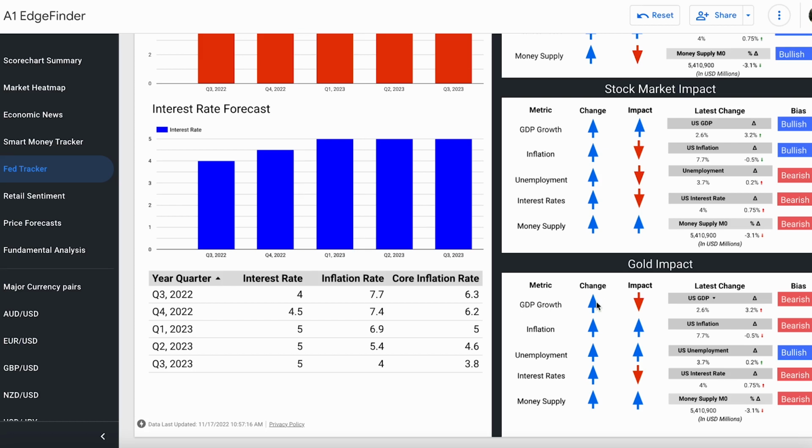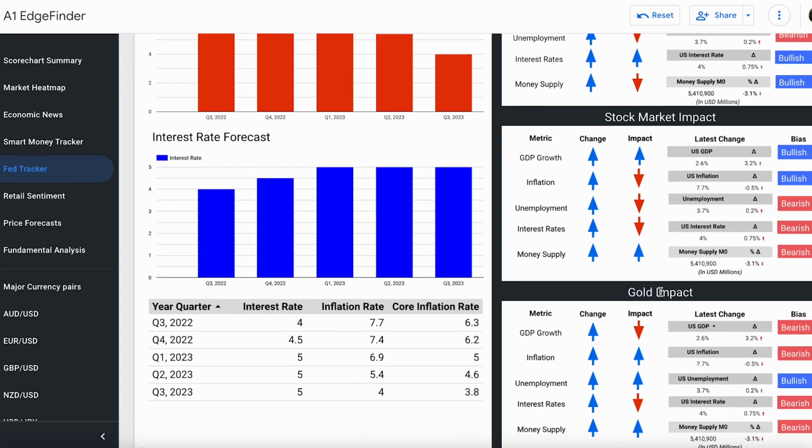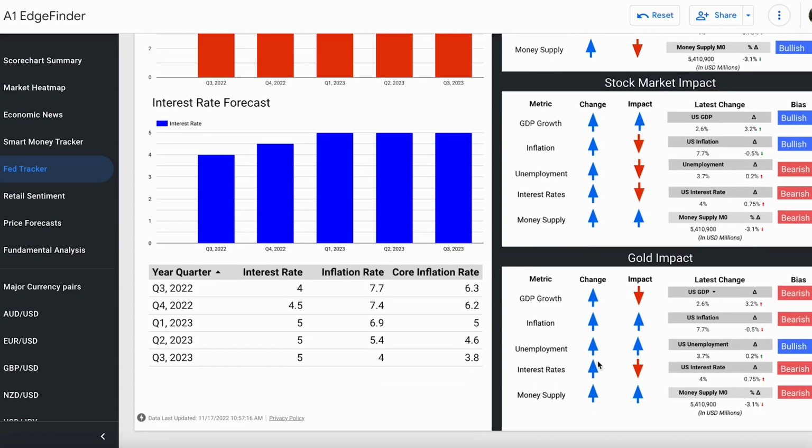So strong GDP, better economy for the dollar. People want to put their money in the dollar. People want to put their money in stocks. People don't want to put their money in the safe haven gold. Inflation, high inflation. If inflation starts to get out of control and actually starts to ruin dollar strength, people are going to take their money out of the dollar, out of the stock market, and they're going to put it in gold.